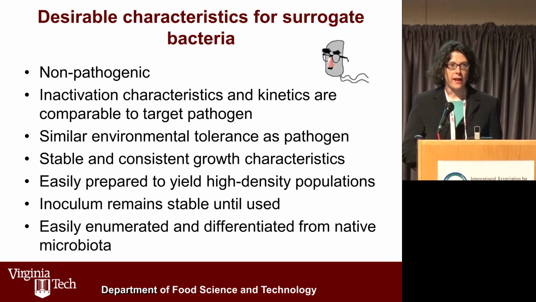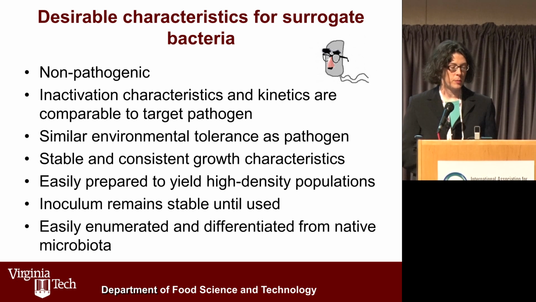Number 2, that the inactivation characteristics and the kinetics of that inactivation are comparable to the target pathogen. I really can't stress this enough. The surrogates and the target pathogen should also have similar environmental tolerances.